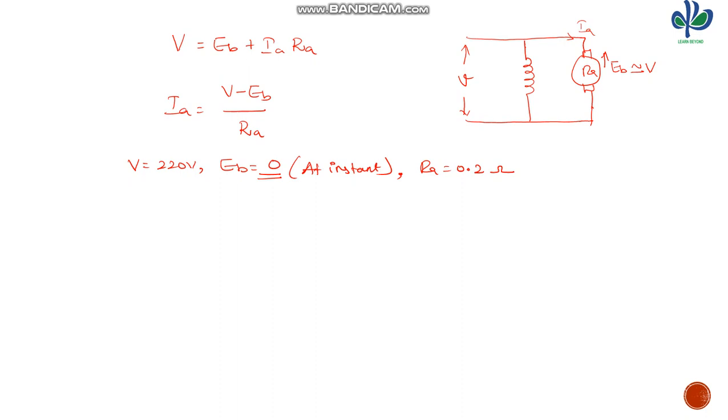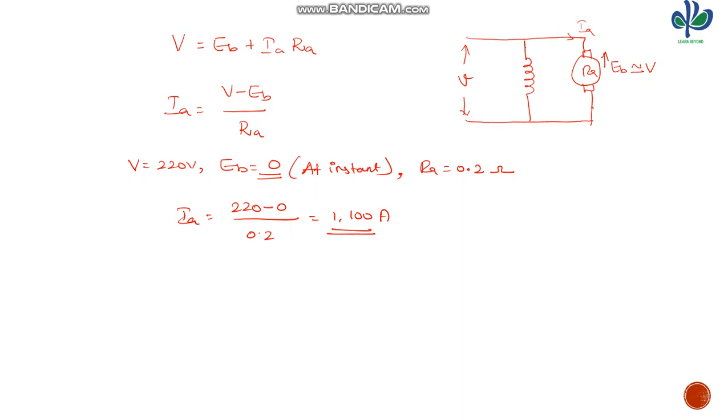Substituting all these values in the above equation, IA is equal to 220 minus 0 divided by 0.2 ohms, which is about 1100 amps. But our machine can take only up to 20 amps. So we can see that the starting current, at the instant, draws 1100 amperes.